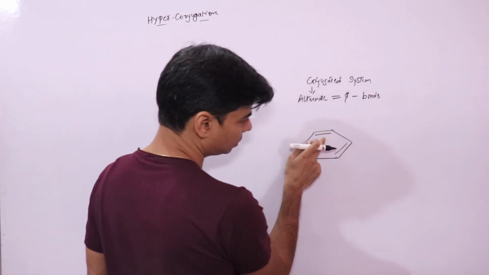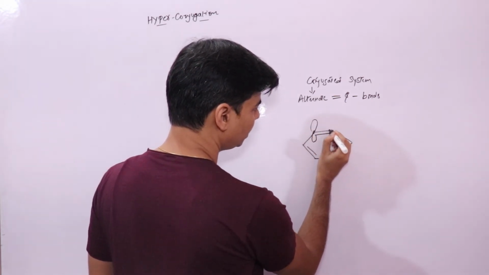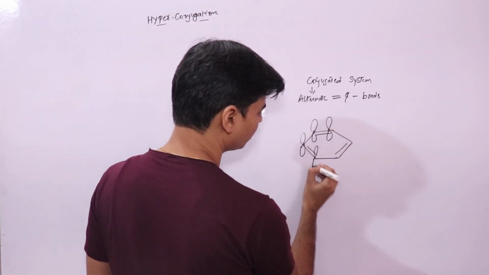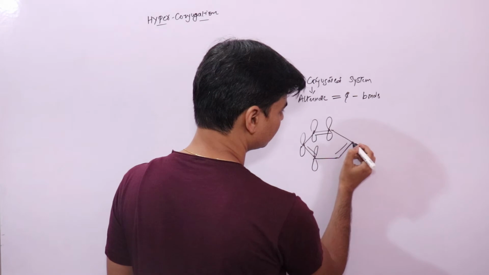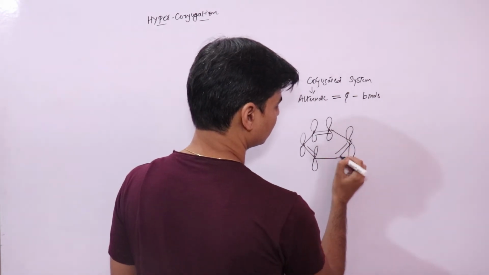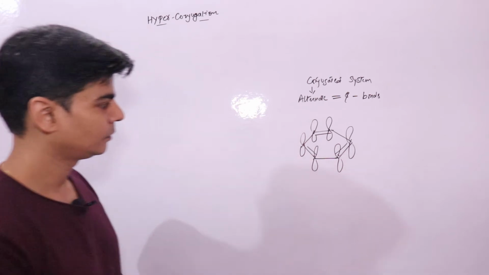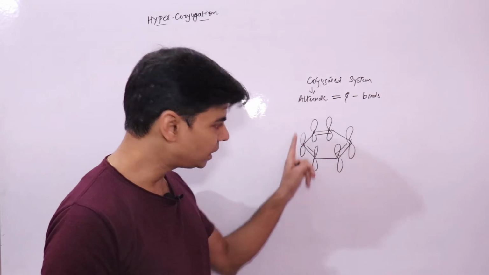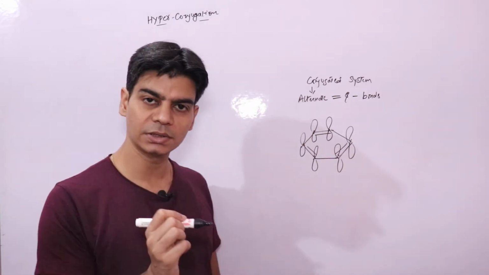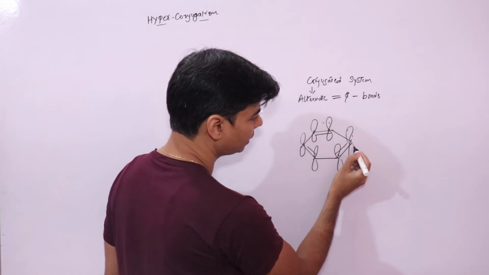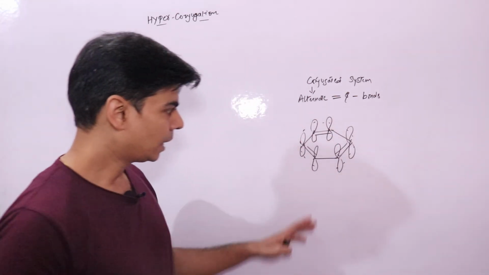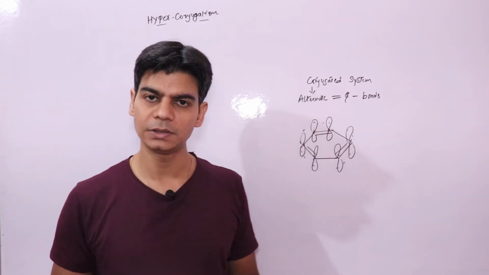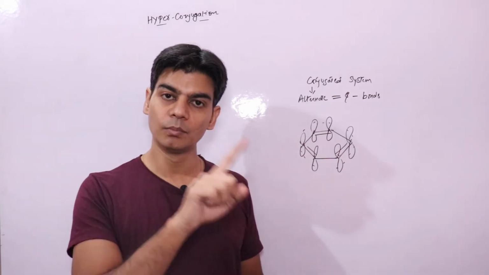Now a double bond is made up of p orbitals. By sidewise overlapping of p orbitals, a double bond is formed. What happens is, in conjugated systems you have a system of connected p orbitals, and in this system of p orbitals, electrons are moving.